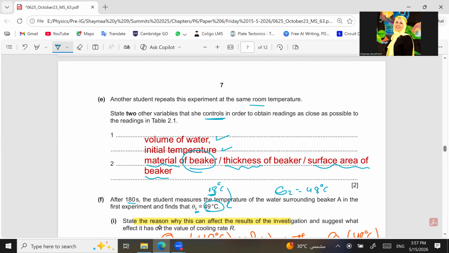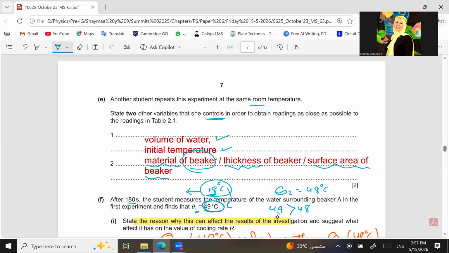First, I have to state the reason why this can affect the result. Now we have something different. When the temperature was 18, the cooling rate was faster. Now the temperature instead of 18 would be 49. So 49 is more than 48.